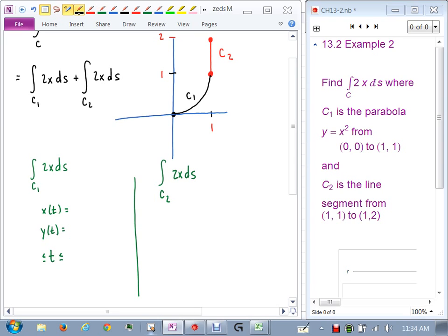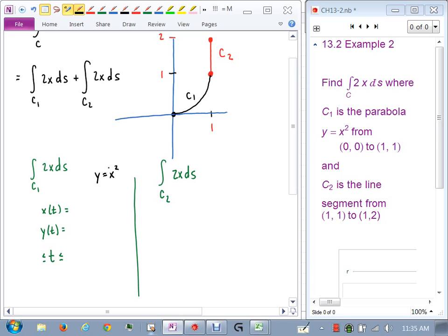Remember, what was the parabola? It was y equals x squared. Anytime you have one of the variables solved for, this is the easiest parametric representation to do, because all I have to do is replace the independent variable with t. So remember the idea of independent and dependent? Here, y depends on x. You give me x, you can determine y, right?